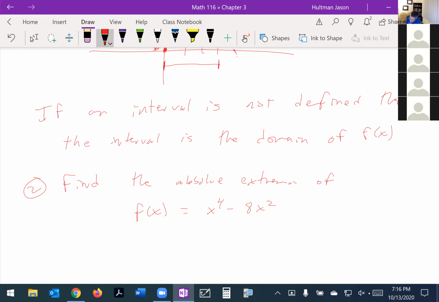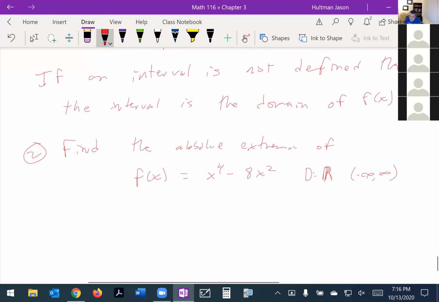So this thing has no endpoints. The entire domain of this polynomial is all real numbers, or negative infinity to infinity. So we're looking at everything. Is there a biggest value or is there a smallest value for this function? That's what I want to know.